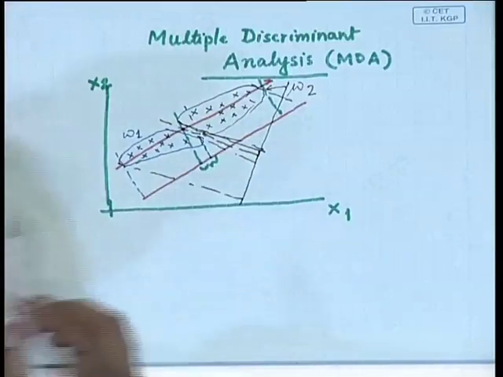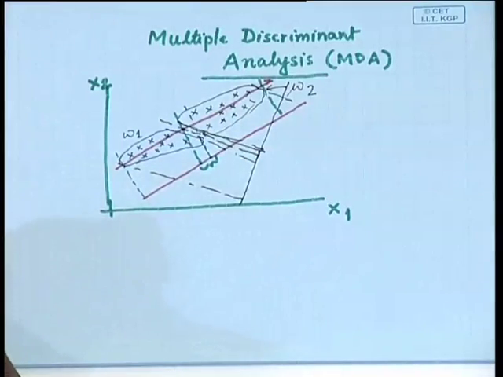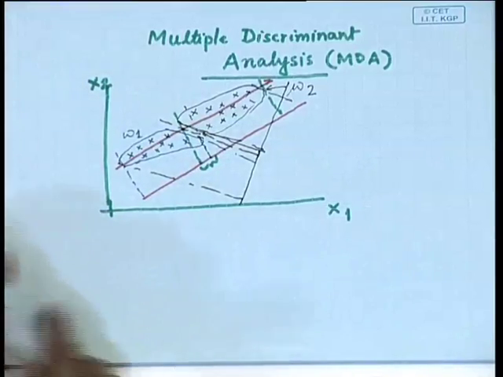So, what does it practically mean? Let us assume that we have two printed characters.